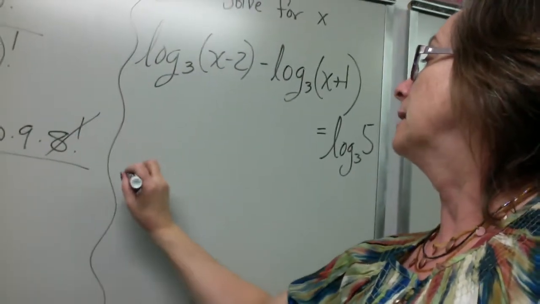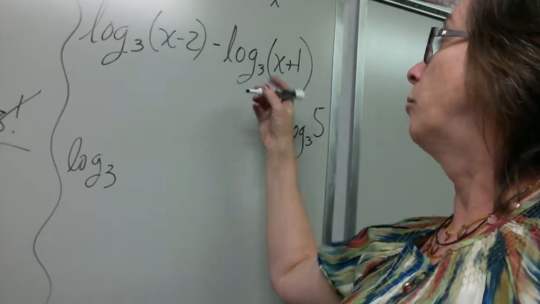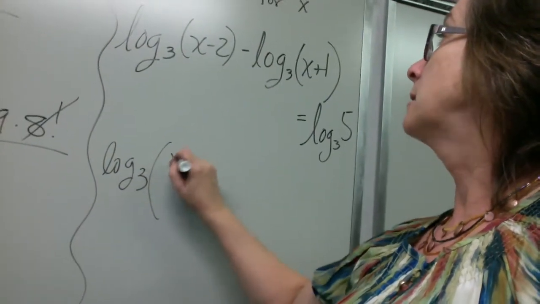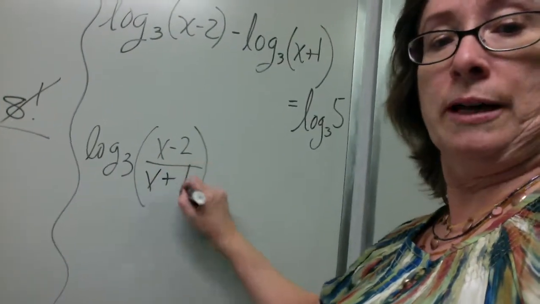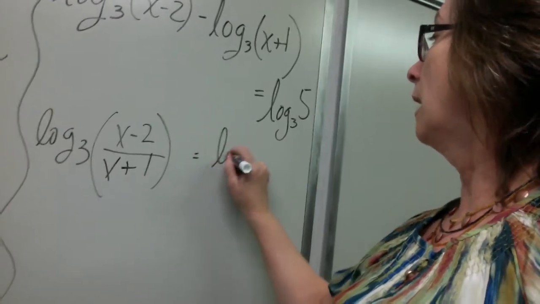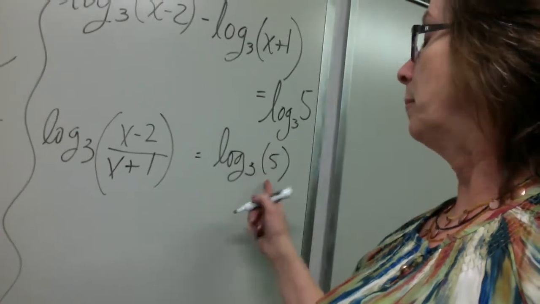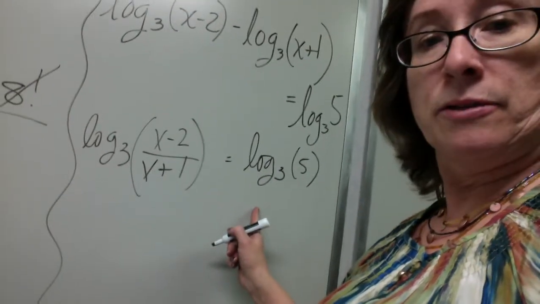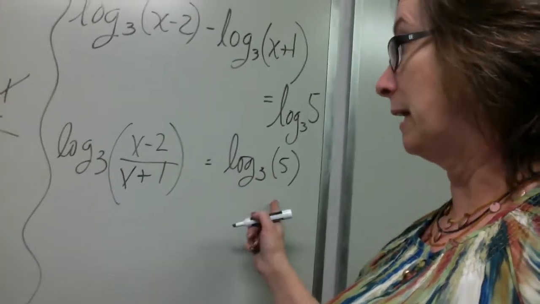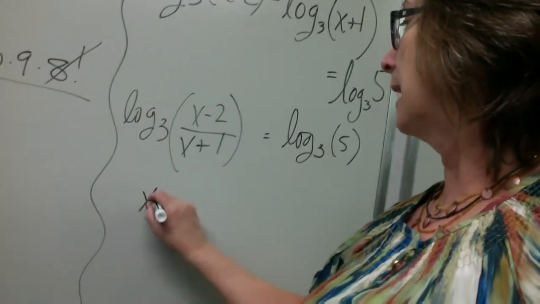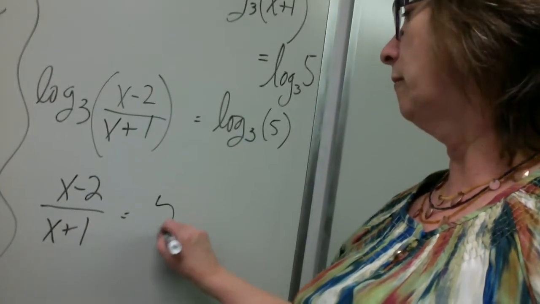So I can write this as log base 3 of the quotient x minus 2 over x plus 1 equals log base 3 of 5. Okay, now because the bases are the same, that means the arguments must be the same because we've set them equal to each other. So that gives us x minus 2 over x plus 1 equals 5.